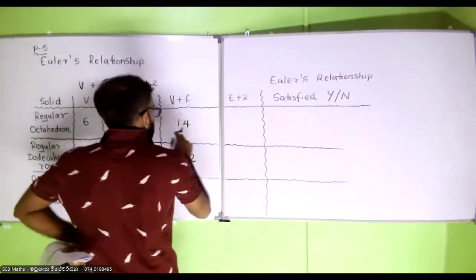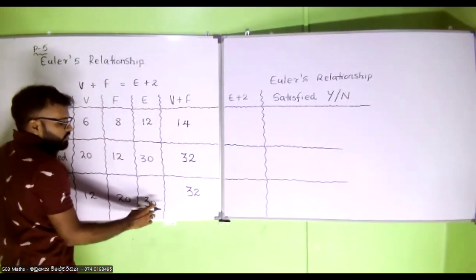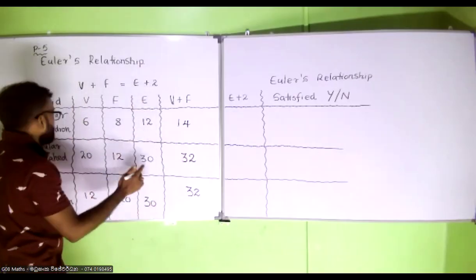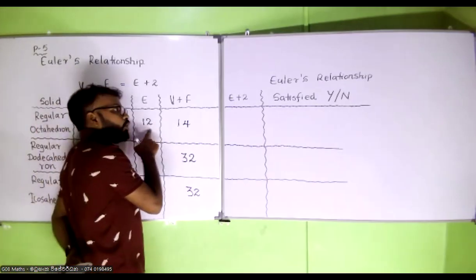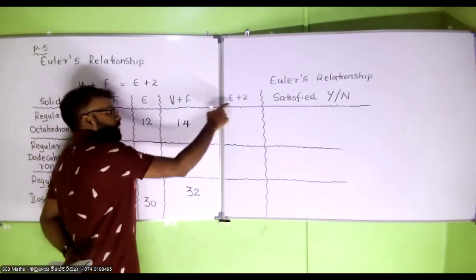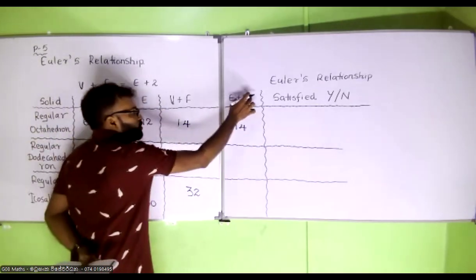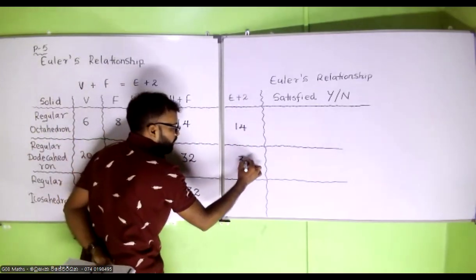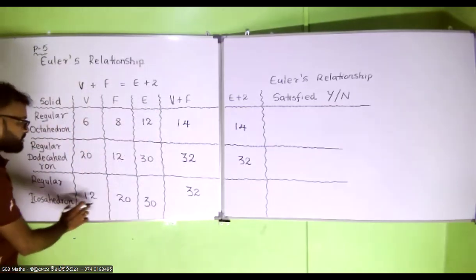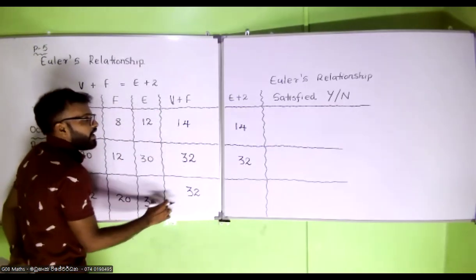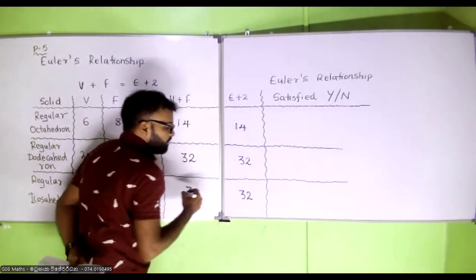Here we have the edges column. For regular octahedron we have 12 edges, and we are going to add 2 to it. 12 plus 2 is 14. For regular icosahedron we have 30 edges, and we add 2, so 30 plus 2 is again 32.